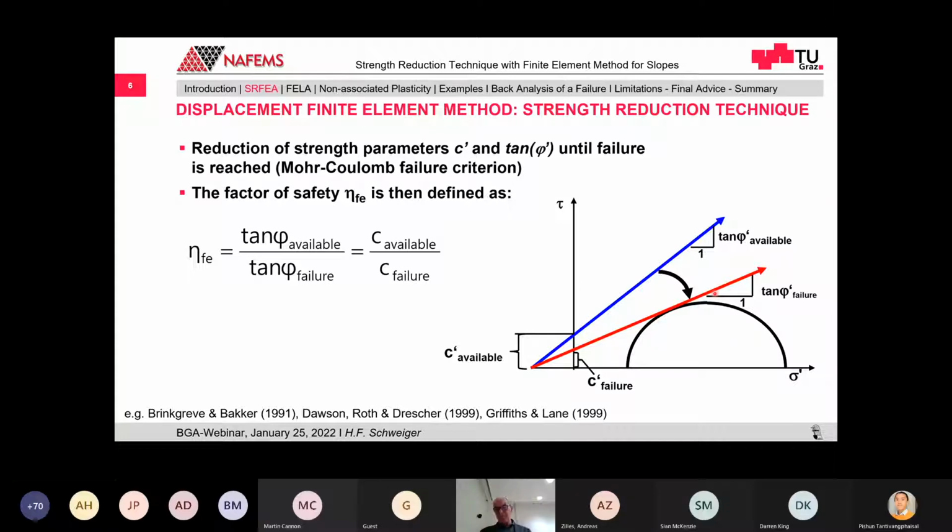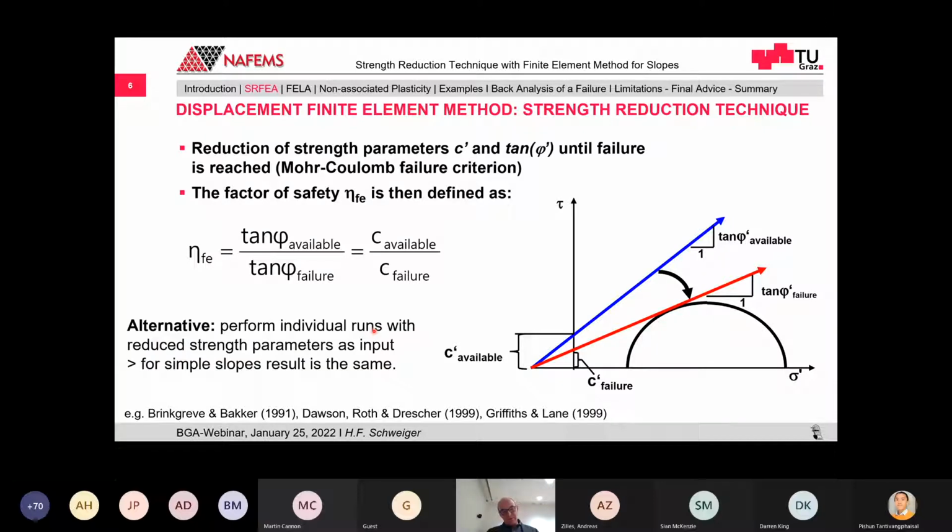That causes redistribution and you will still get a stable solution. But at some stage, too many of the stress points are at this limiting condition, and then the code cannot achieve equilibrium anymore. And then the simple definition is this friction angle, where you cannot get equilibrium anymore compared to the available strength you have, the characteristic strength if you want, that is your factor of safety.